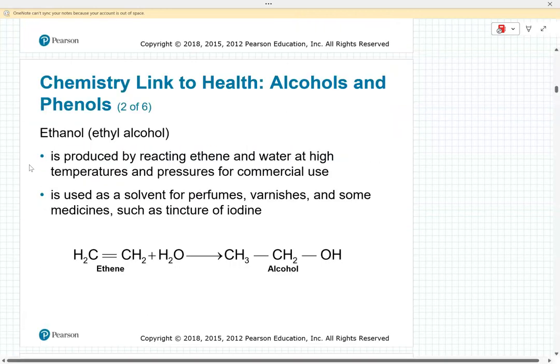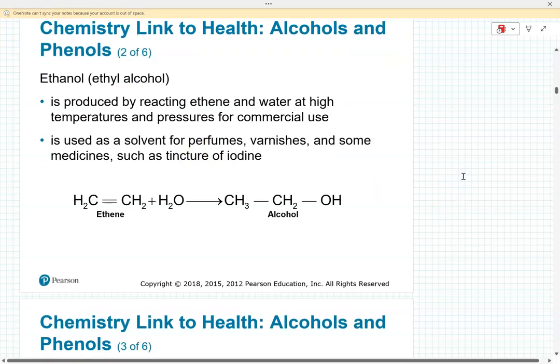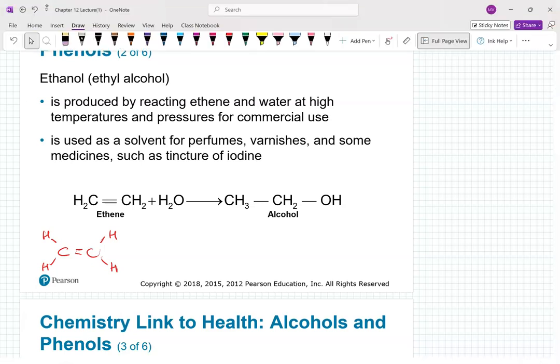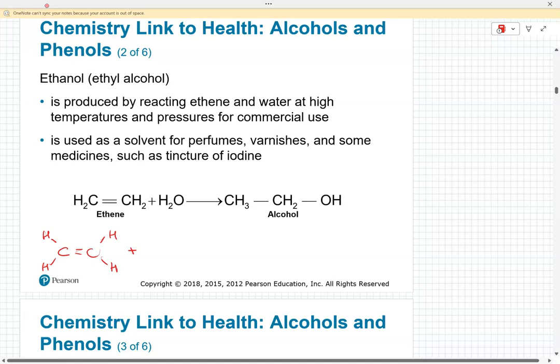Alternatively, we can take ethene, and I'm going to expand this reaction if my software can cooperate with me. So think about this. This is ethene. Does that make sense? It reacts with water that I'm going to represent like this. So one hydrogen, this hydrogen, is going to interact with one carbon, and OH is going to interact with another.